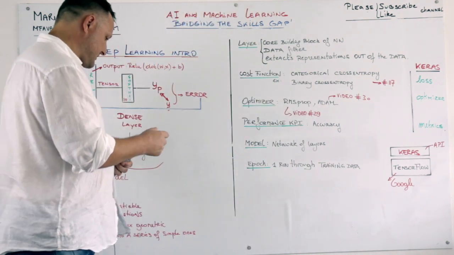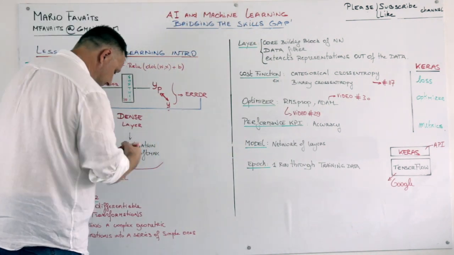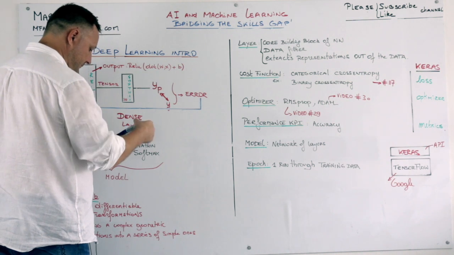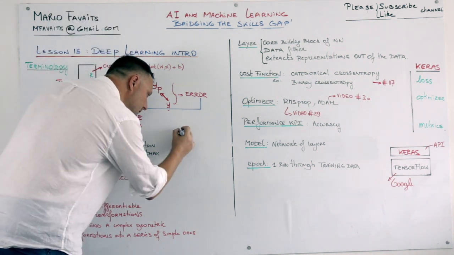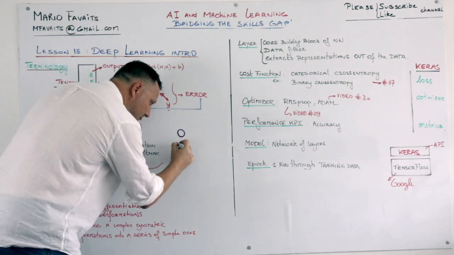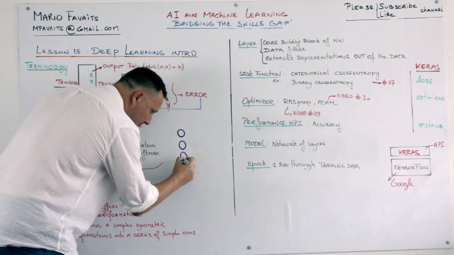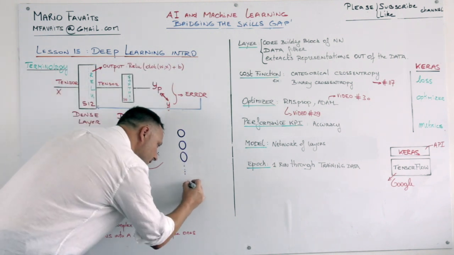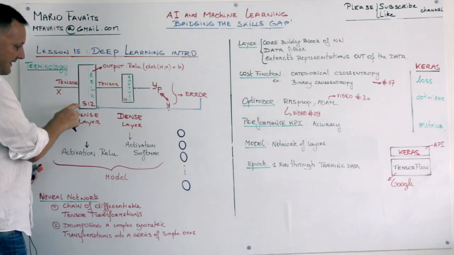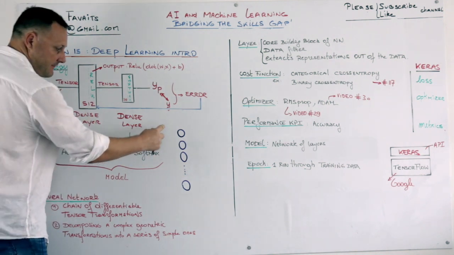Well, because remember when we looked at the perceptron, we had these input units. So in this case you will have 512 of them.